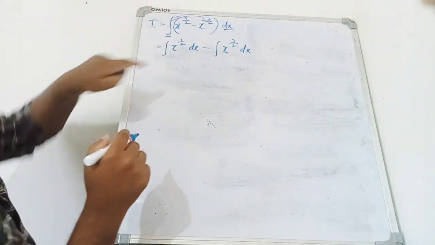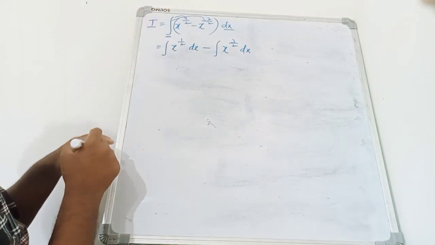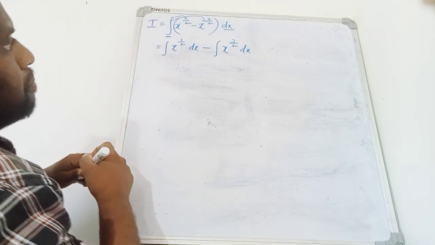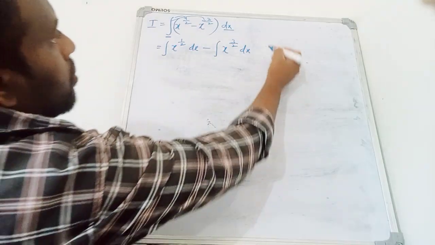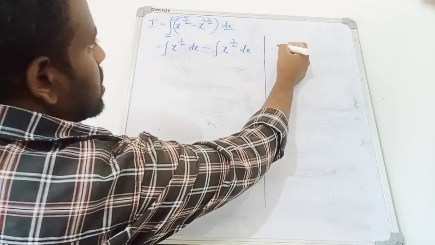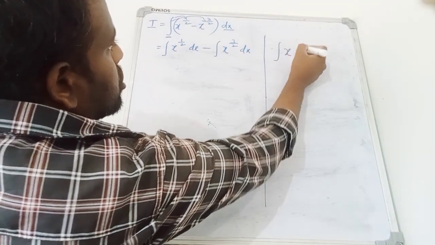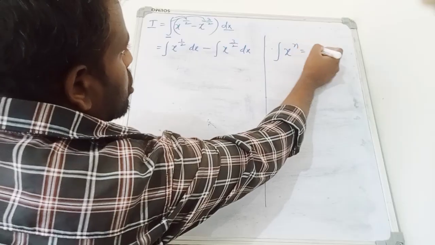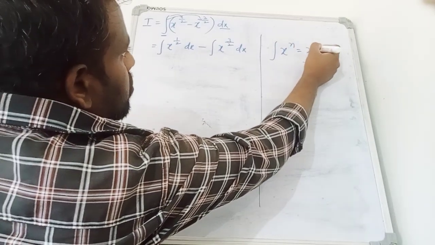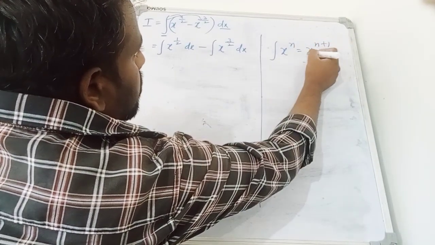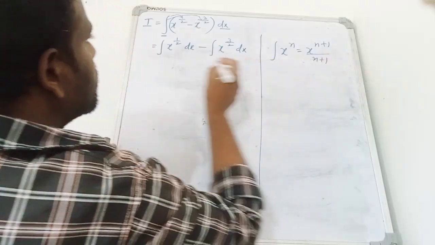We can do that because of the minus sign. Next step, we will use a formula: the integration of x to the power of n is equal to x to the power of n plus 1 by n plus 1.